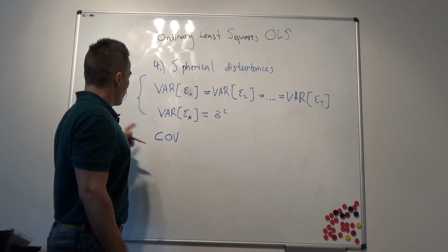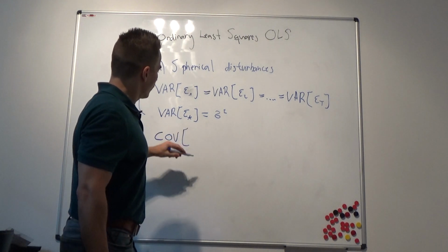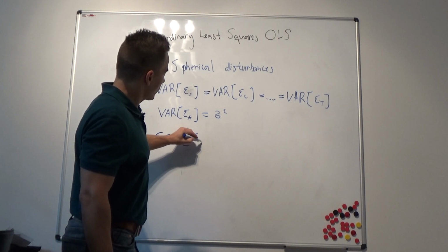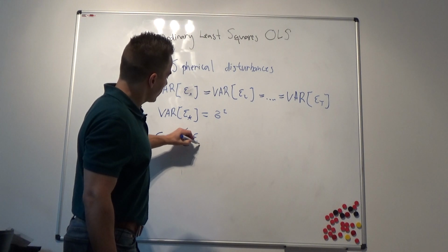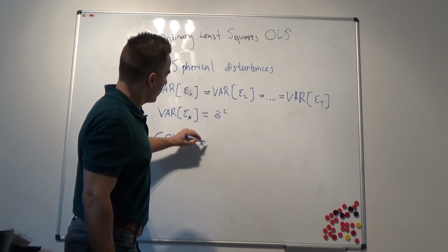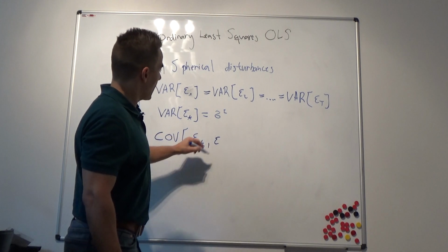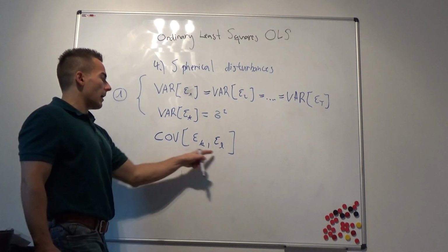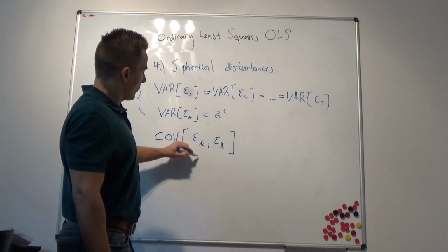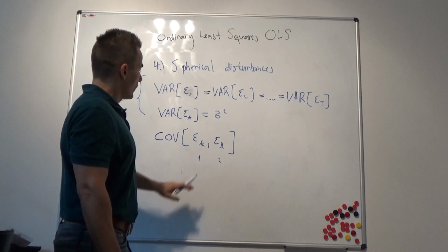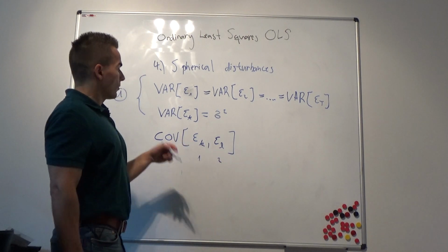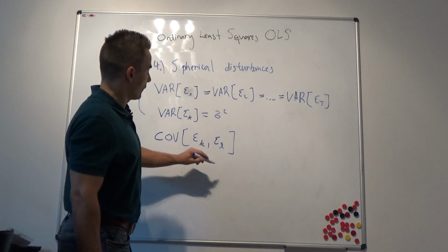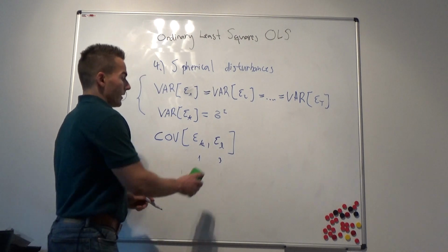Now the second issue is that the covariance between the errors, let's call them epsilon k and epsilon l, which denote two different times. k can be 1 and l can be 2, or the covariance can be between the first and the third observation, or whatever.